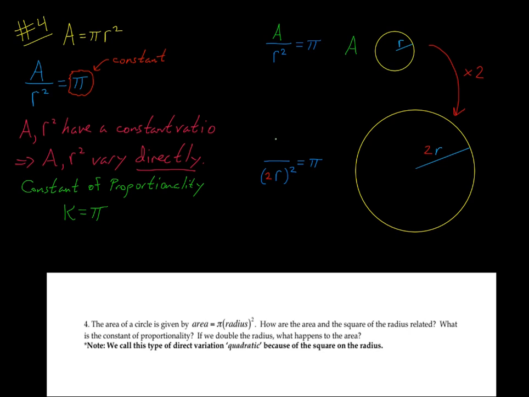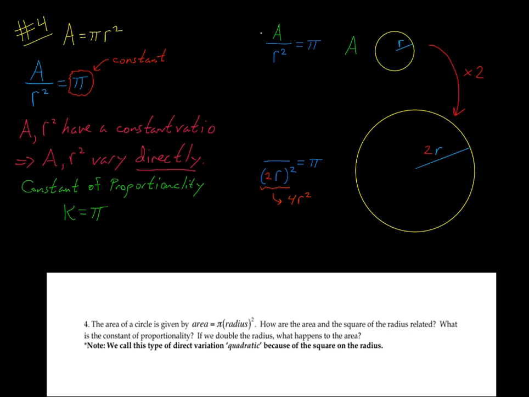And so the question is, what do I need to put up here in order for the ratio of the new area to the square of the new radius to still come out to be pi? Well, to answer that, we can observe that the 2 is getting squared as well as the r. So this thing really is 4r squared. So in essence, the effect of that square on the 2 is a multiplication of r squared by 4.